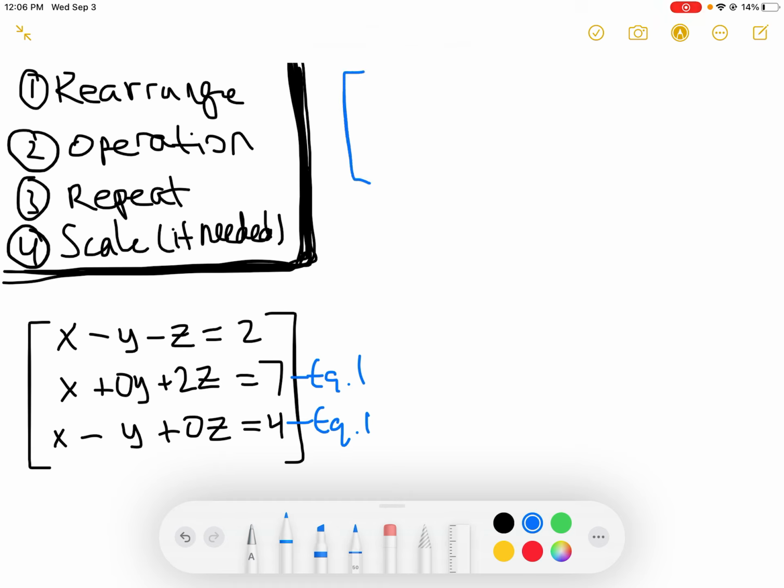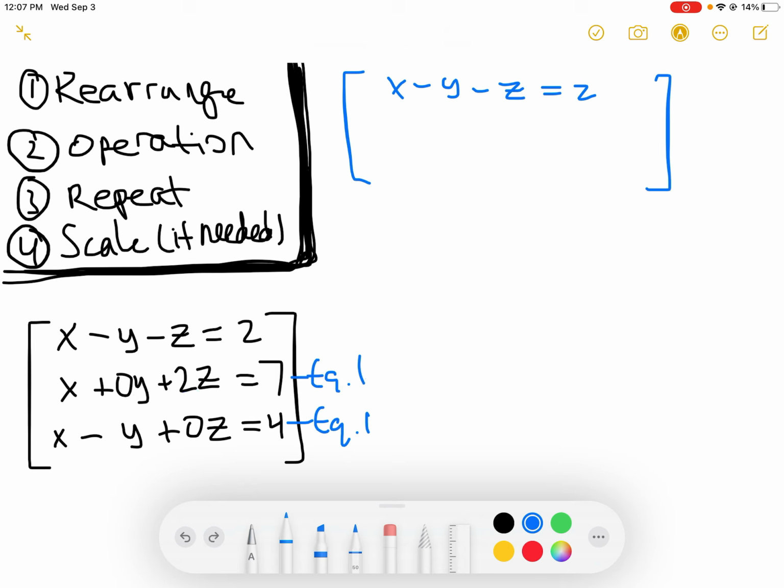Now we're going to see what that ends up being. The top equation still stays the same because we didn't do anything to that. This one though, since we have subtraction here, you have to be very careful that you do this minus this and don't switch it up because then you'll get the wrong answer.